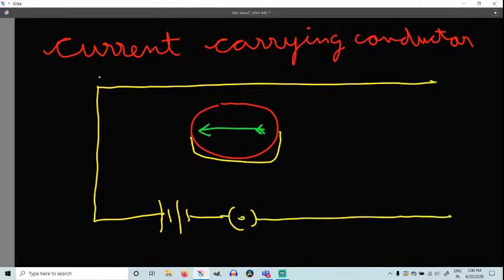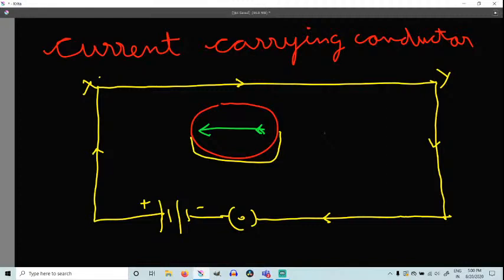As soon as I plug in the key, current starts flowing in the conductor. This is positive, this is negative, so current flows from this side to that side. Now the needle will show a deflection. What is the direction in which the needle will show deflection? Can somebody tell me?